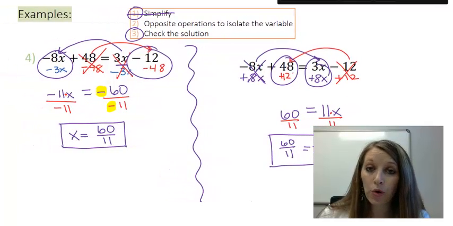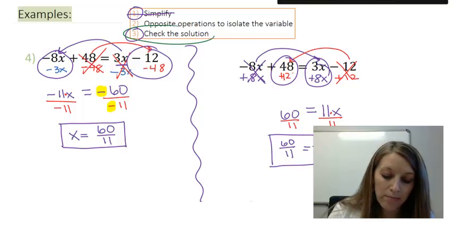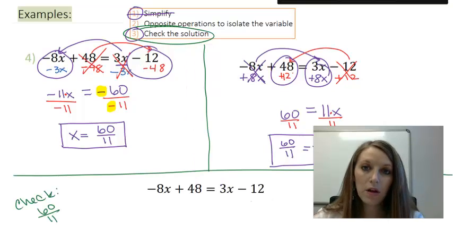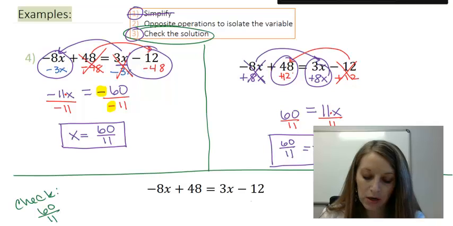Okay, now I need to prove to you that this works out to be a true equation. So I need to now check my solution. So once again, I have the exact same equation written down here, and I'm going to check it by substituting in 60 over 11.